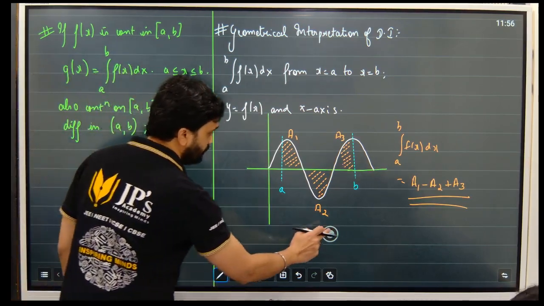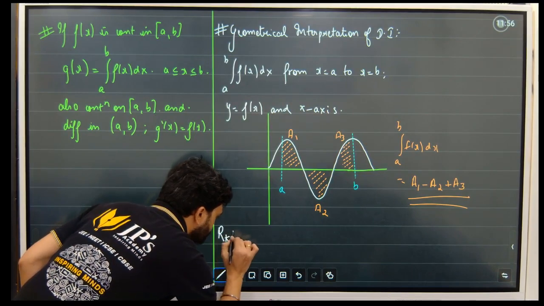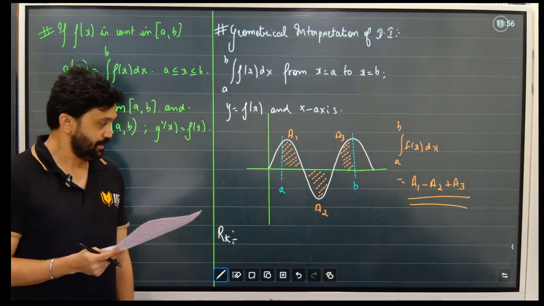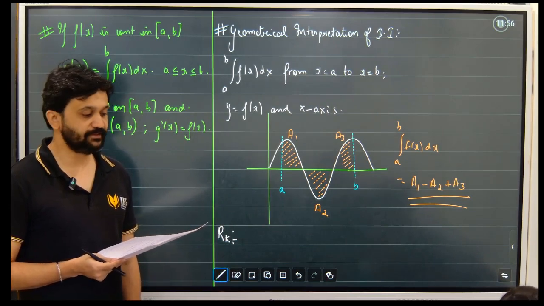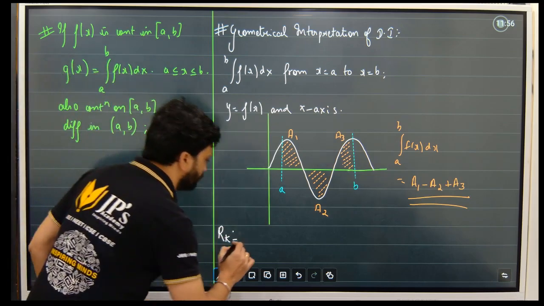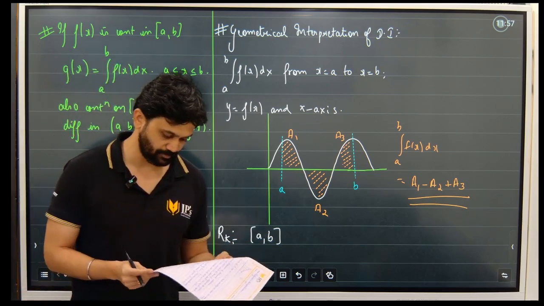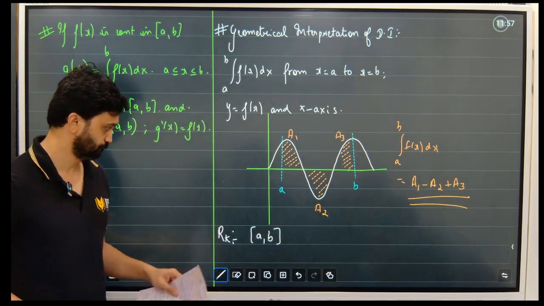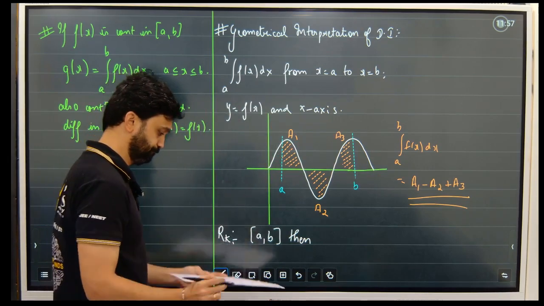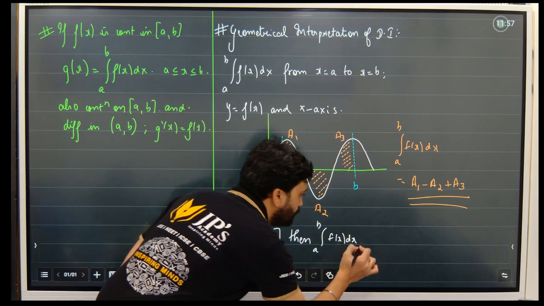We'll just write a remark after this. Remark: if f of x is positive in the closed interval a comma b, then integration a to b f of x dx will be greater than 0.